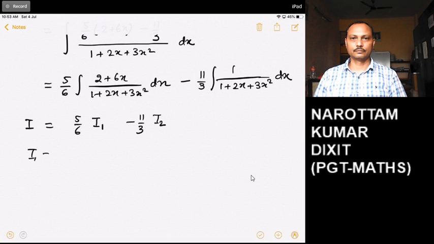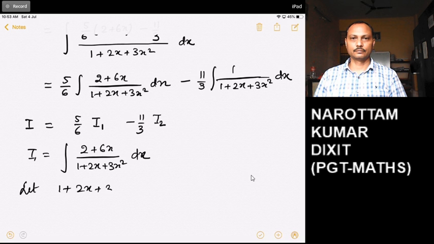So I1 is equal to the integration of 2 plus 6x upon 1 plus 2x plus 3x square. Here if we take 1 plus 2x plus 3x square as t, then the derivative, 2 plus 6x dx, is equal to dt.